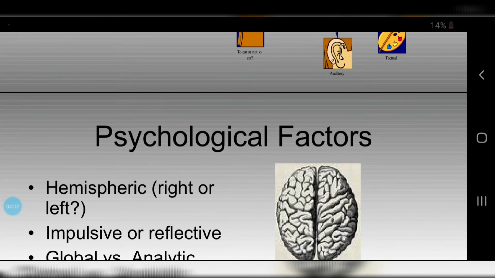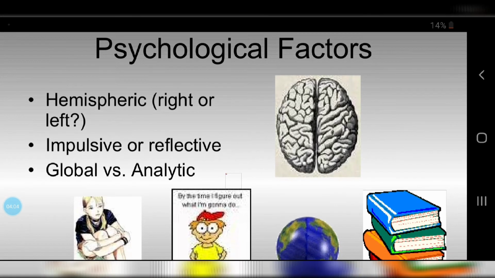And last but not the least, we have the psychological factors. This strand corresponds to the following types of psychological processing. When it comes to hemispheric, is the student using the right or left hemisphere of the brain?